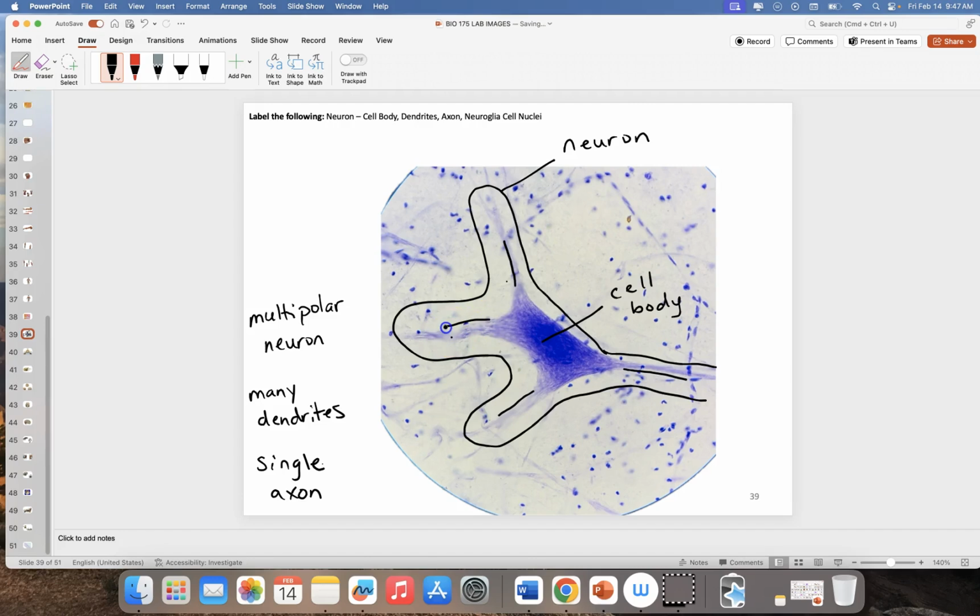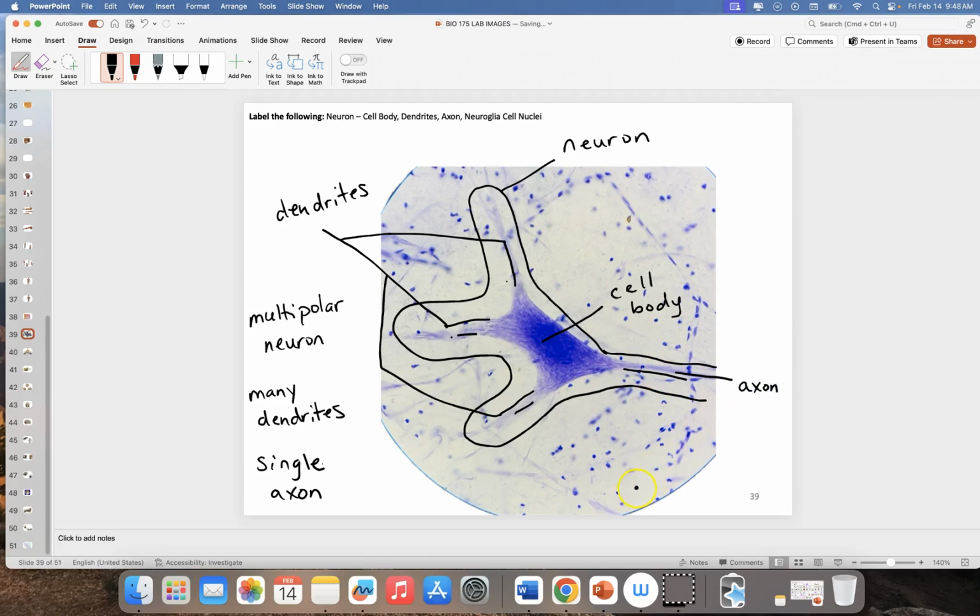If I just go ahead and maybe extend our lines here on all of our extensions. So all three of these extensions here, those are going to be our dendrites. And that means this single extension down here, this is going to be our axon.